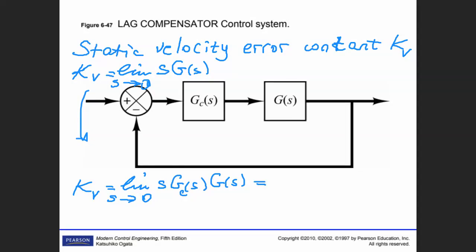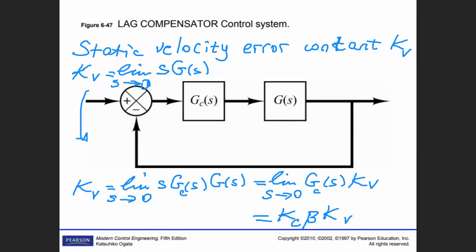Since that one is Kv, it equals limit s goes to 0 of Gc(s) times Kv. The result is here: Kc, the controller gain of the lag compensator, times beta times Kv. Let's circle this in red. This result is important for us.